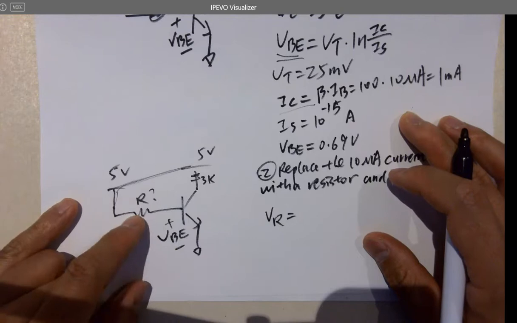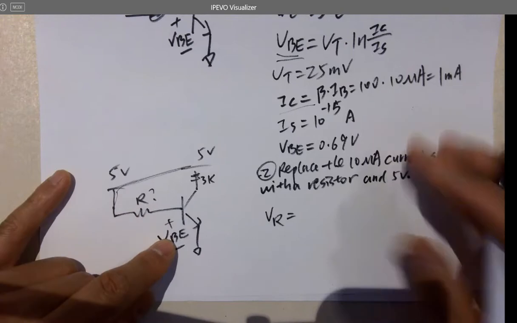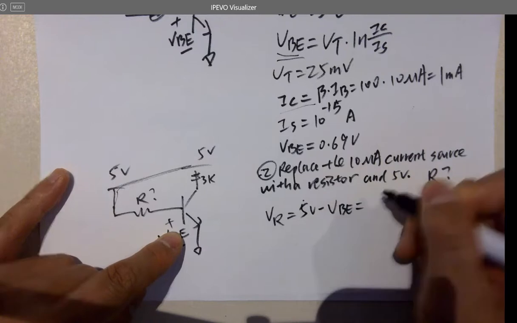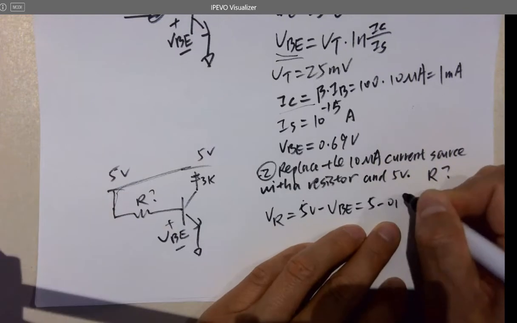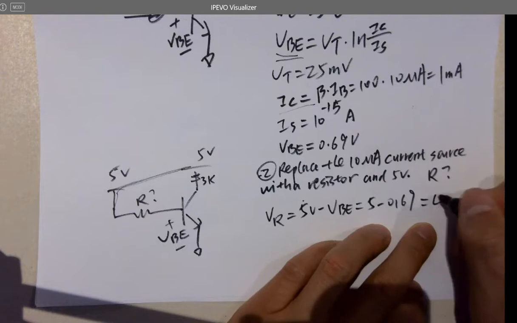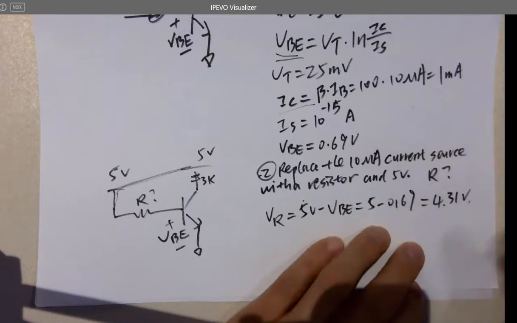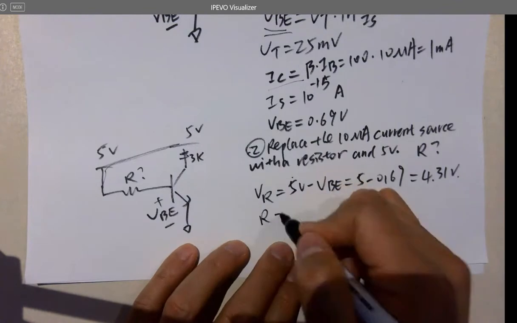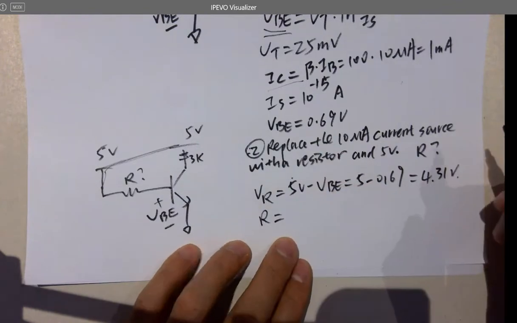So you can calculate VR, which is 5 volts minus VBE. So R, what is R though?